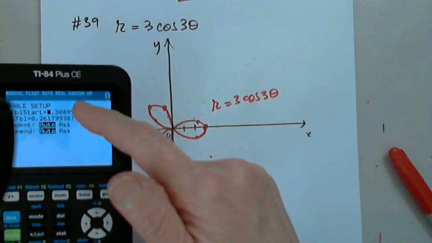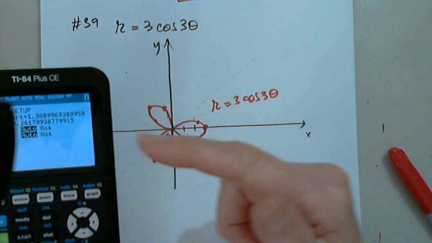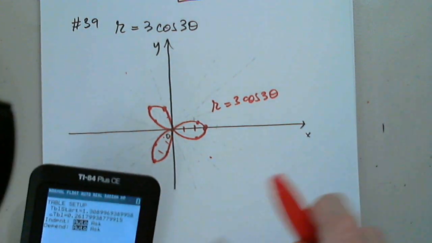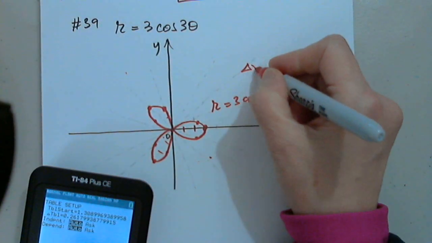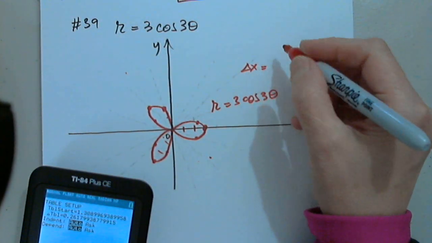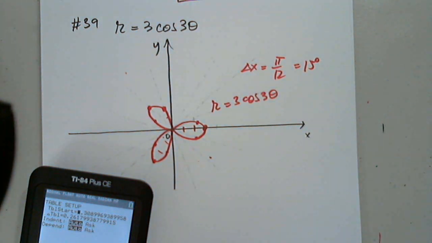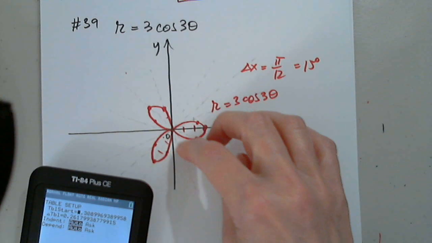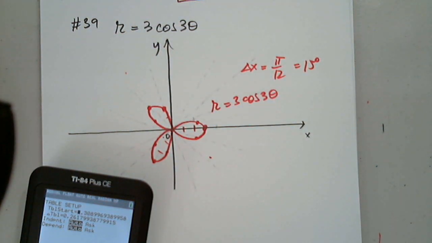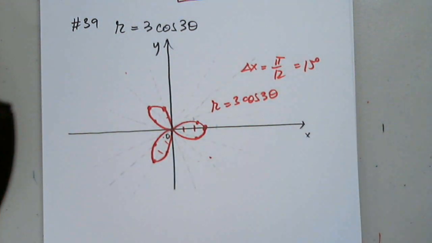It changed what I entered. I entered from 0 the increment, the table delta x. I used pi over 12, which is 15 degrees, just to make sure that I'm getting enough points to be able to graph it. Thank you.